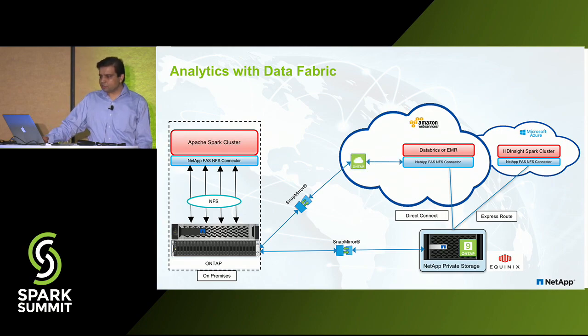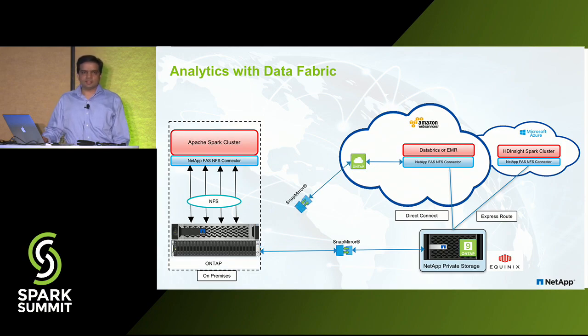Or if you are with Azure, then you can use HDInsight, and you can directly run these services against the data that is stored on NetApp Private Storage, or it can be on ONTAP Cloud. And again, these are bidirectional services, so you can even move the data back or protect your data on premises, or you can also have a DR service on premises.